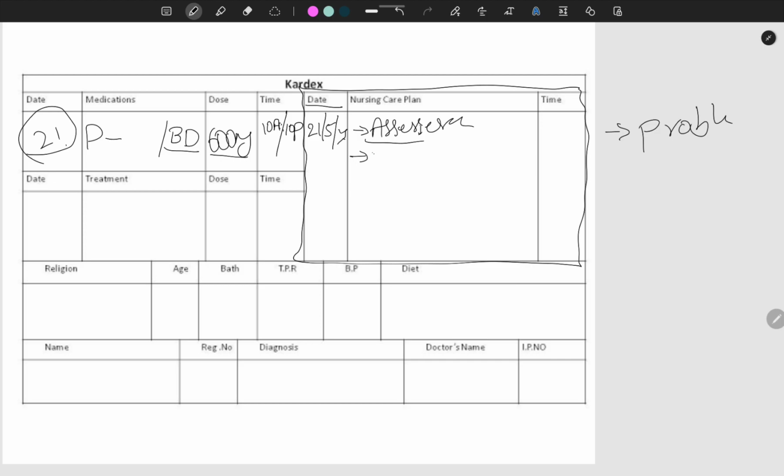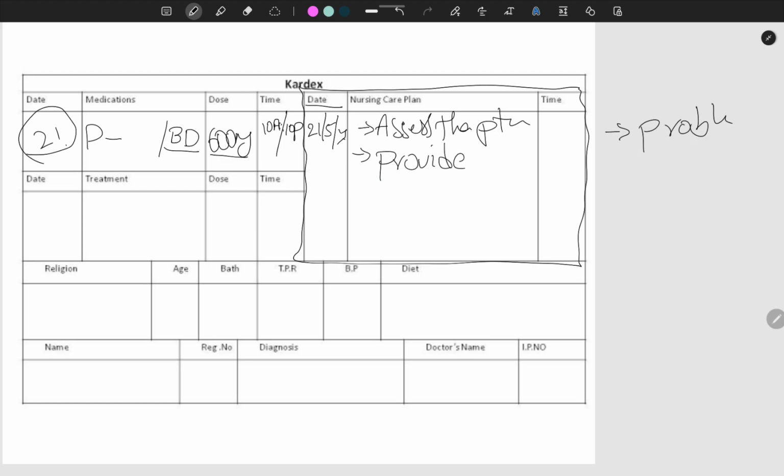for example, providing diet. It's "provide", it is just future tense. In the future you are going to do. So you have to write "assess the patient condition", and then you go for "provide".